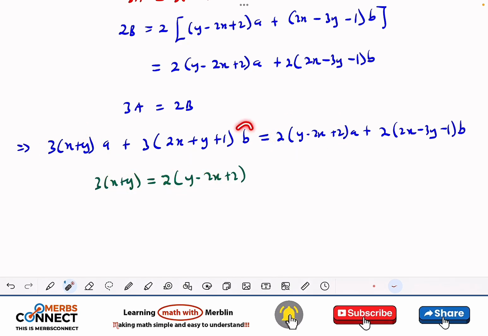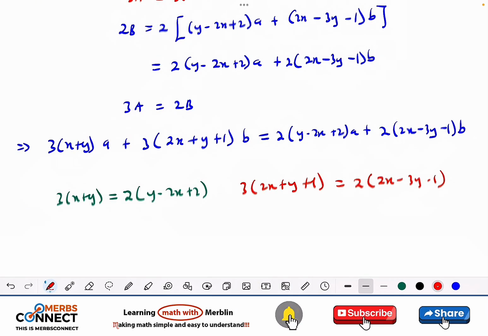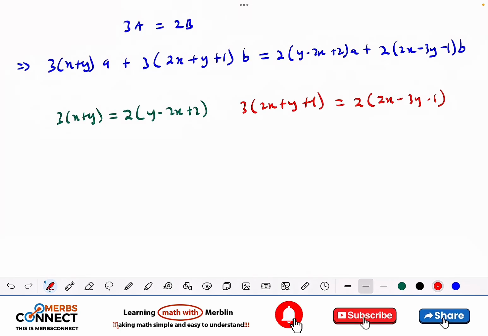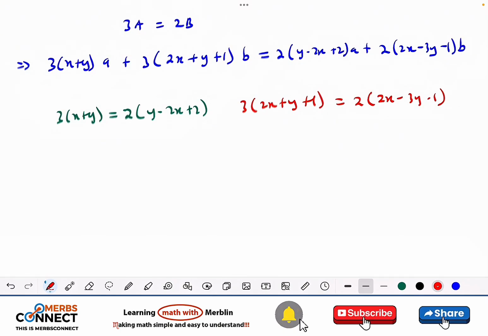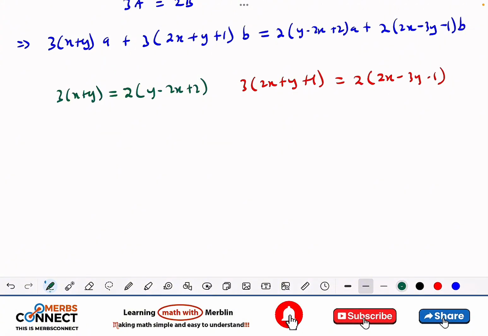Similarly, the coefficient of b on the left and the right should be the same. So we are also going to have 2x plus y plus 1 should be the same as 2x minus 3y minus 1. All we need to do is solve green and red simultaneously and we are done. But let's simplify.